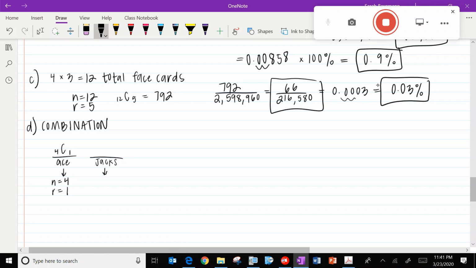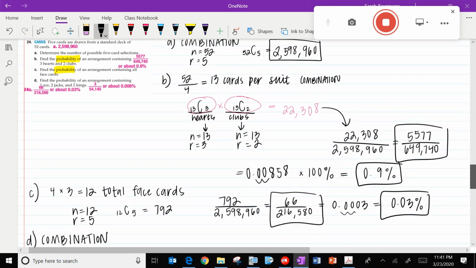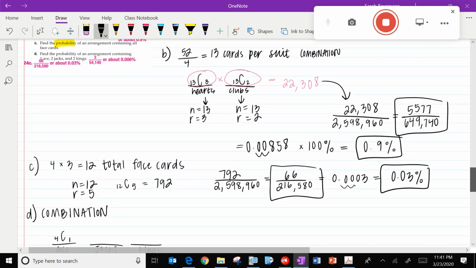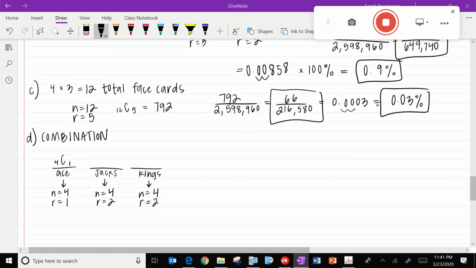So I know that n is 4, and I want to choose 2 of them. And same for kings. There's 1 king in every suit, so that means that there's 4 kings total, and I want to choose 2 of them. So this would be 4, choose 2 for both of these.